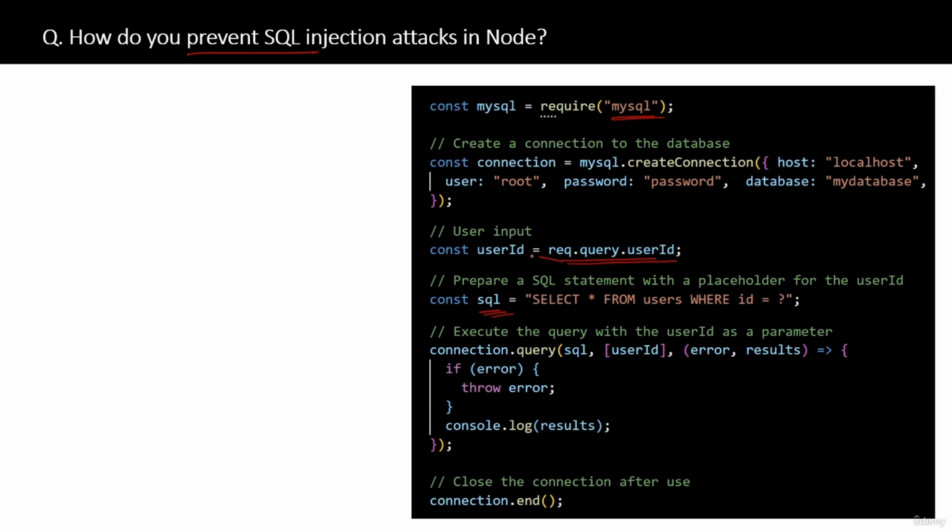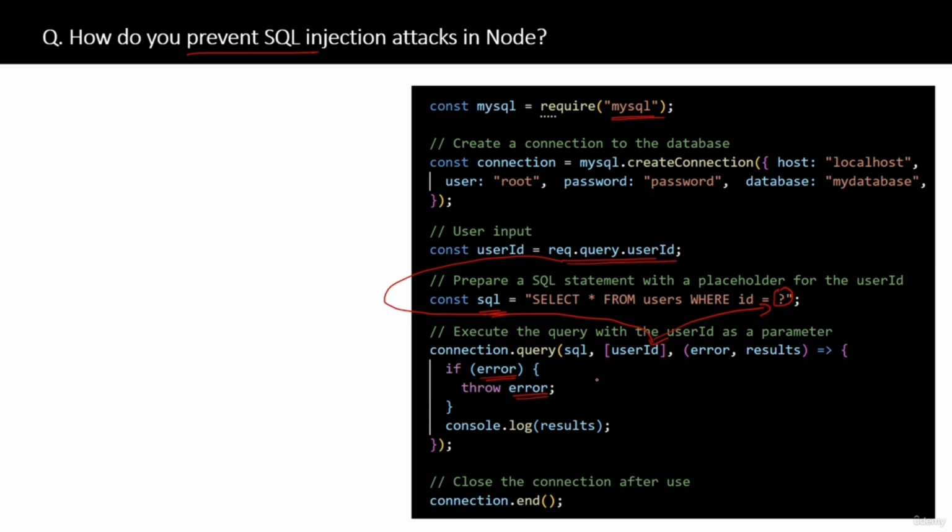Okay, now what will happen, the above question mark will be replaced by this user ID. And if the user ID is some malicious SQL script, then an error will be generated, which you can throw and you can log for your information, but your database will not have any impact. Okay, and it will be safe from the SQL injection attacks.